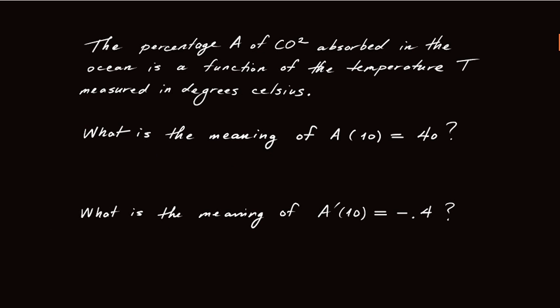Okay, let's do another example. Okay, the percentage A of carbon dioxide absorbed in the ocean is a function of the temperature T measured in degrees Celsius. What is the meaning of A of 10 equals 40? So again, here A is 40, so that says that the percentage is 40.